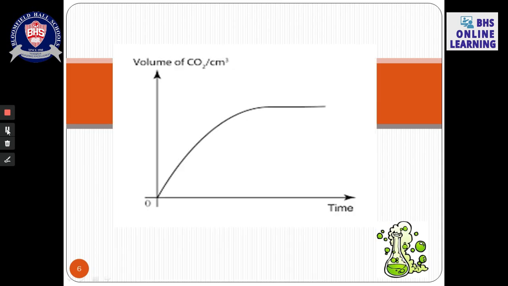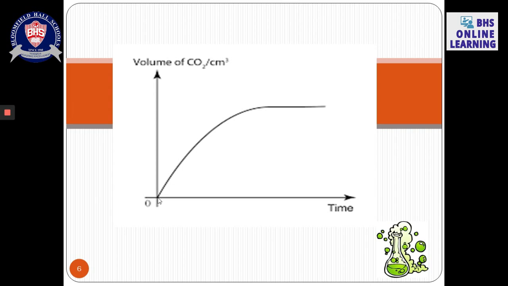We can then plot a graph between the volume of carbon dioxide collected and the time. At the start of the reaction, there is no carbon dioxide in the gas syringe, so the volume is 0. But as soon as the reaction starts, the volume of carbon dioxide increases in the gas syringe.